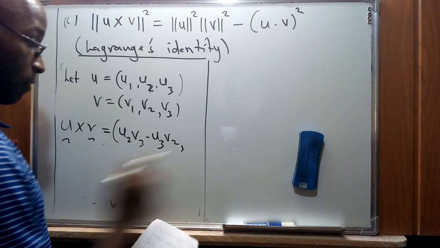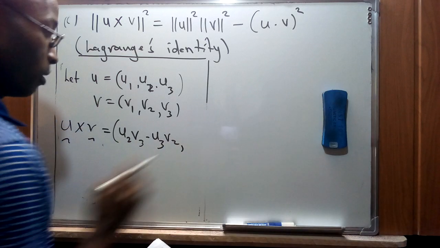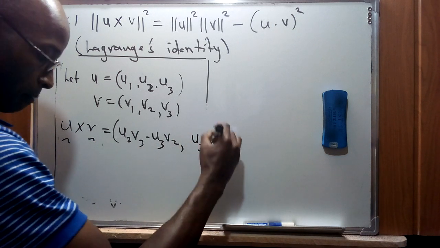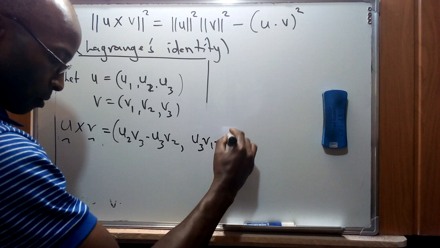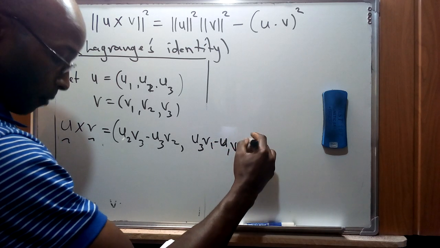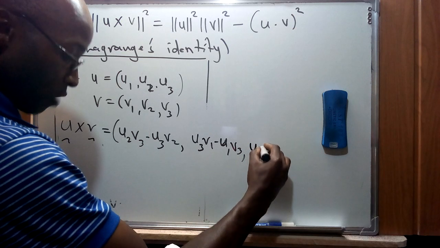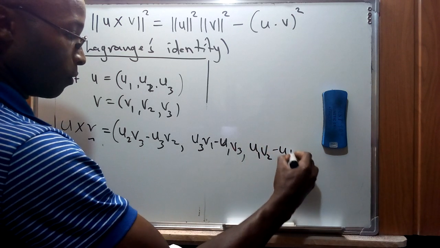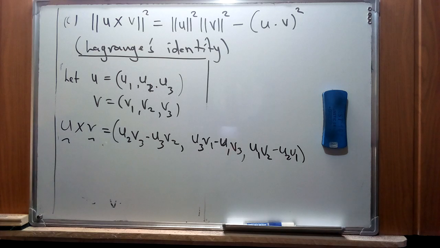Then we're going to have u3 v1 minus u1 v3 for the j component, and for the k component, we're going to have u1 v2 minus u2 v1. So the cross product is going to give us that.